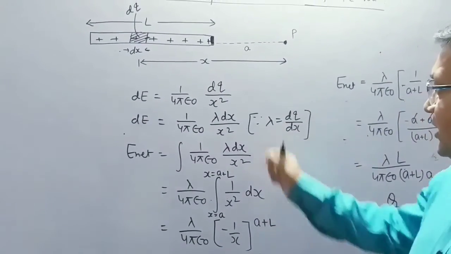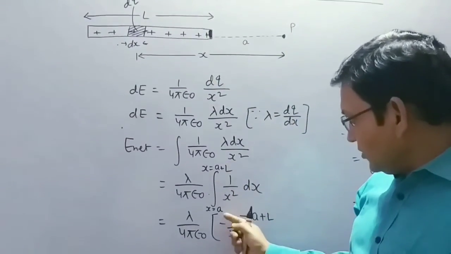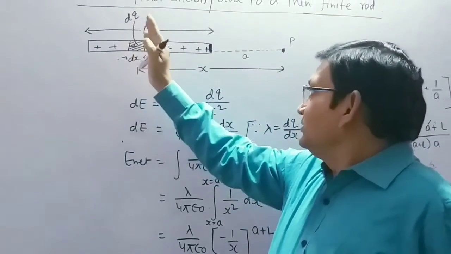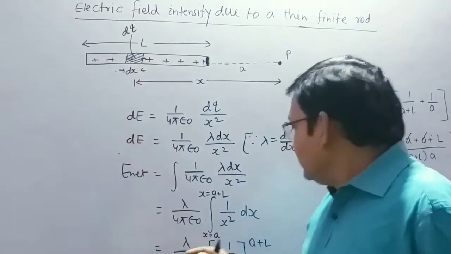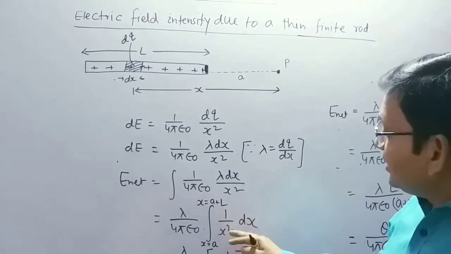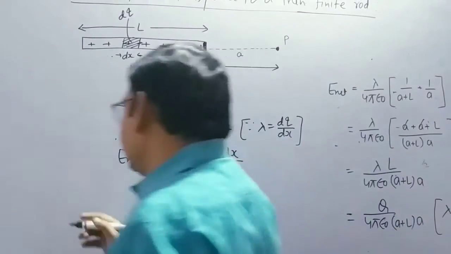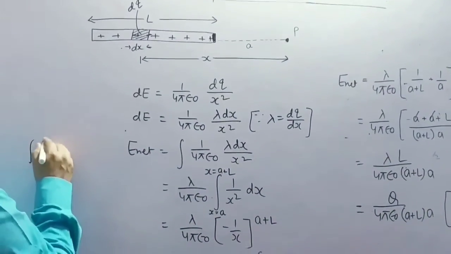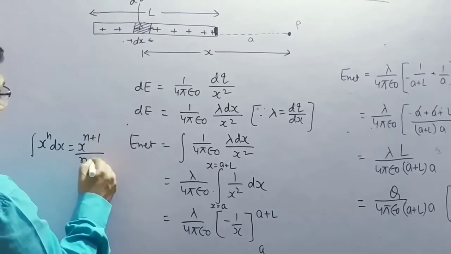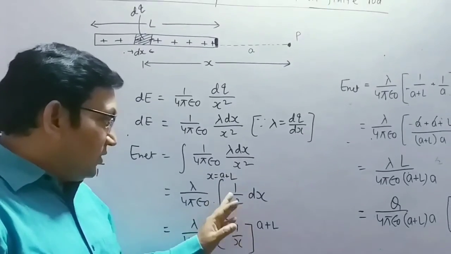The first element starts from here, which is at a distance A. So we have the lower limit x is equal to A. The upper limit is A plus L, and then we have integrated. Here for the integration, we are using the formula: integration of x to the power n dx is x to the power n plus 1 by n plus 1. We have used this formula while finding the integration of 1 by x square dx.